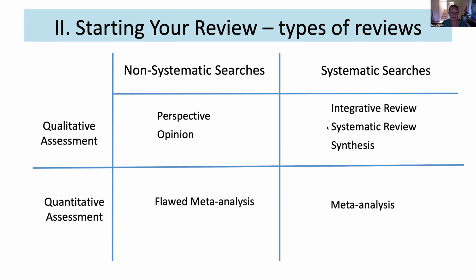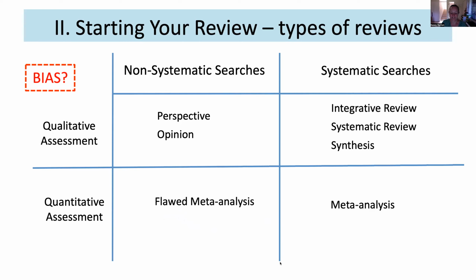If we're going to analyze the literature that we compile statistically, then we end up with a meta-analysis. And I would argue that if you do a meta-analysis, you are sort of required or expected to do a systematic search in order to gather the evidence that you're going to analyze. If you do a meta-analysis using non-systematic search approaches, you end up with a flawed meta-analysis. So don't do this.